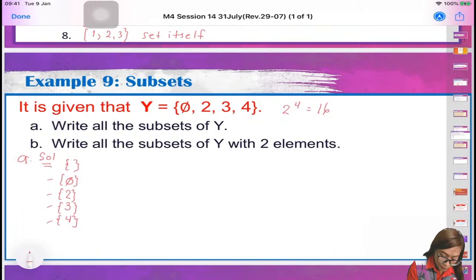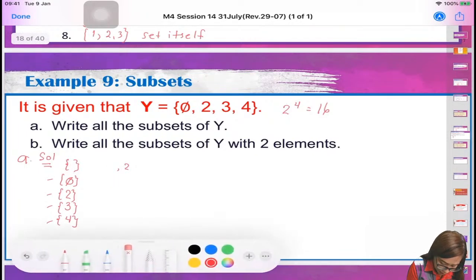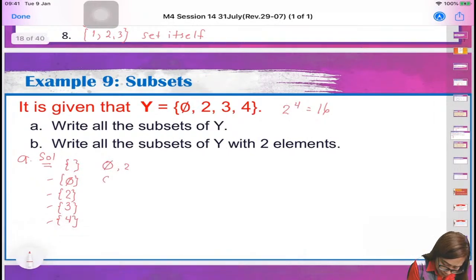Next is the subsets with 2 elements. So how do I do it in my way? So I do like this first. Null set, comma 2, null set, comma 3, null set, comma 4.